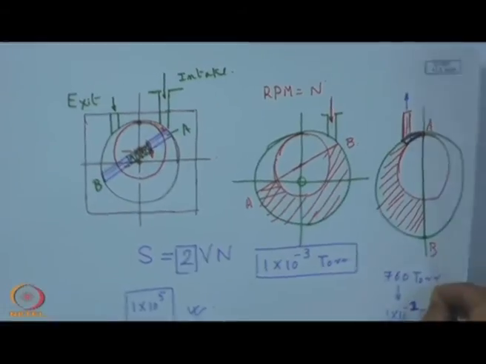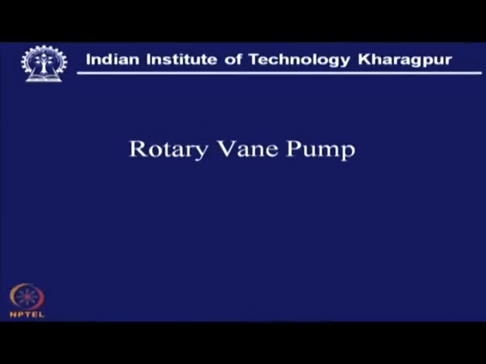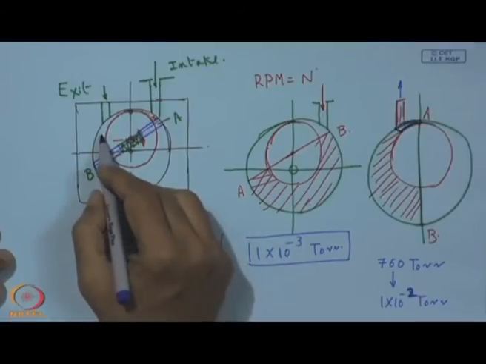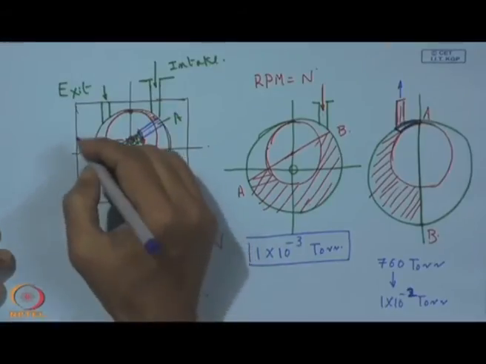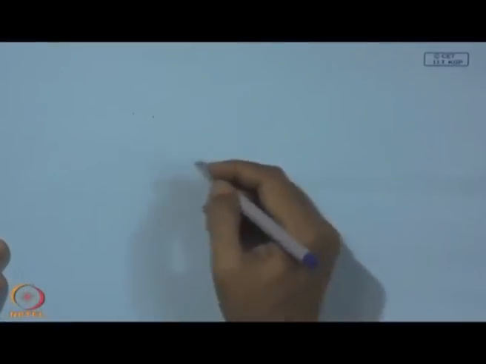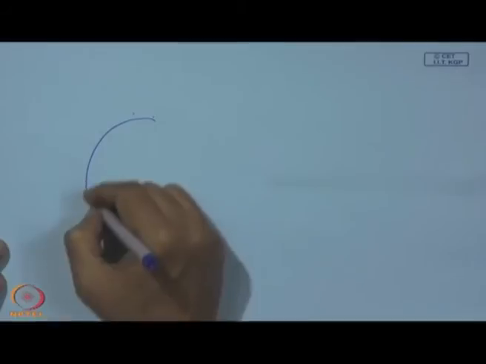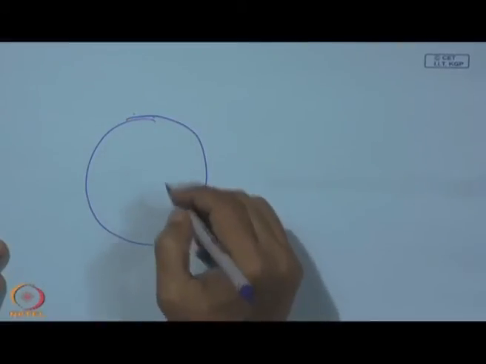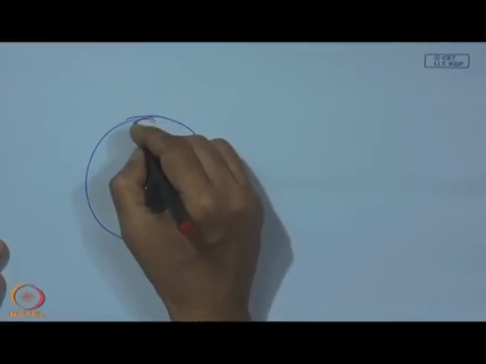Now, here one thing we have to also mention, that in this case we have also gas ballast. The gas ballast means, in this compression side, we can have a quick look here.